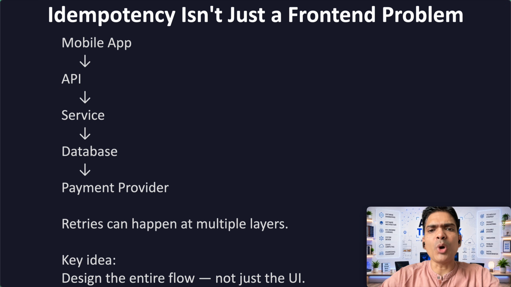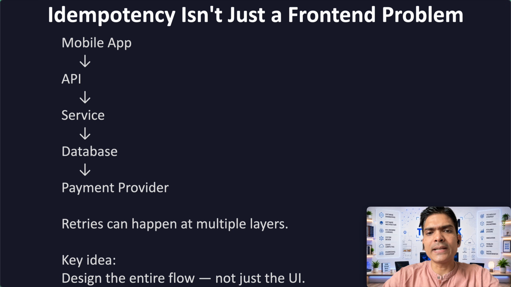Here is an important point. Idempotency is not just a front-end problem. Retries can happen at multiple layers. The mobile application might retry, the API gateway might retry, the server might retry when calling the database, the payment service might retry when calling the payment provider.